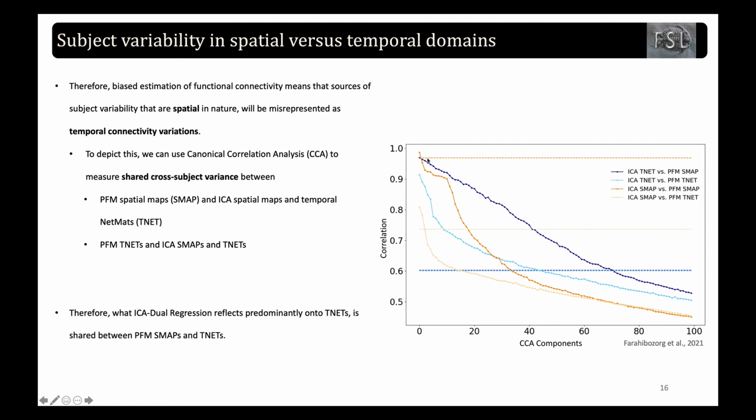And so you can see that the line that's the highest here is this dark blue line, which is ICA temporal network matrices compared with PFM spatial maps. And so that's to show that a lot of the information that is represented temporally in ICA is actually represented spatially in PFM. I should emphasize here that we don't know what the ground truth is.